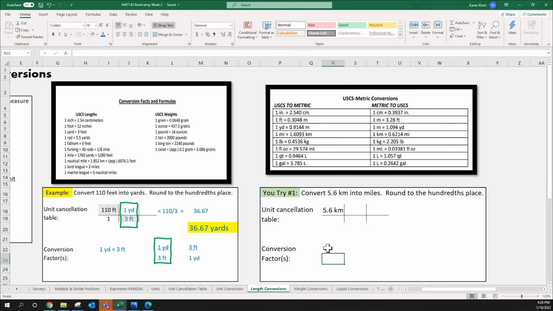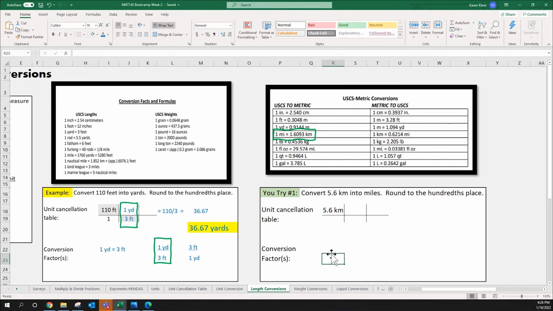So do we have a conversion factor that just converts strictly from kilometers to miles? I'm going to steal this little icon up here, rotate it around, because I see we have kilometers to miles right here. So let's use that.